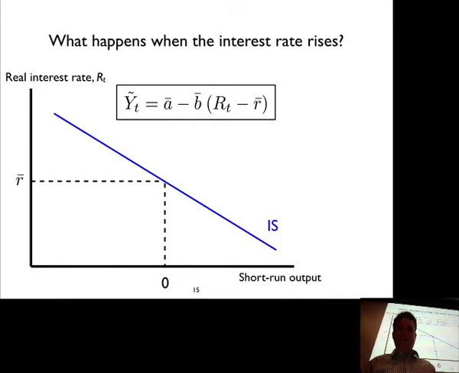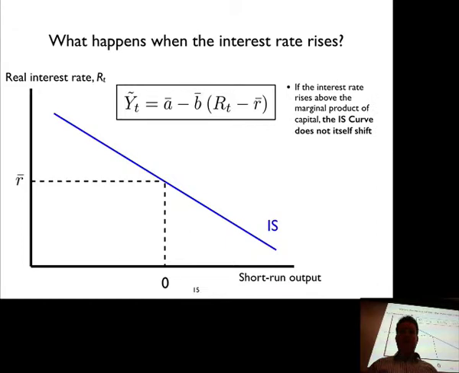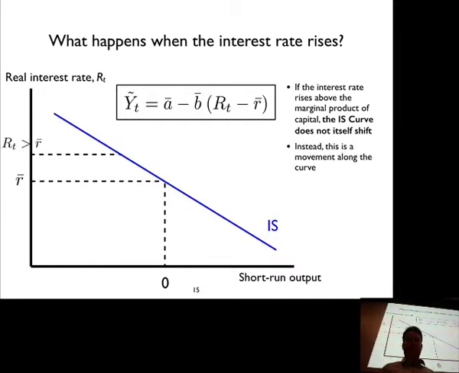All right, so suppose that we think about the interest rate rising here. If the interest rate were to rise above the marginal product of capital, the IS curve itself doesn't shift. This is a story about a movement along the IS curve.